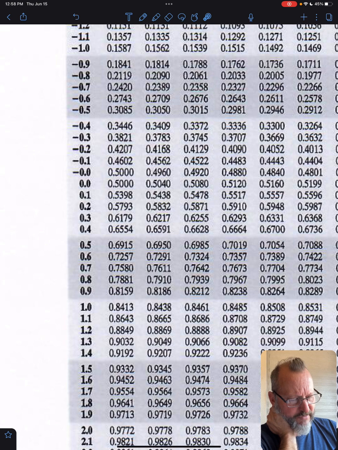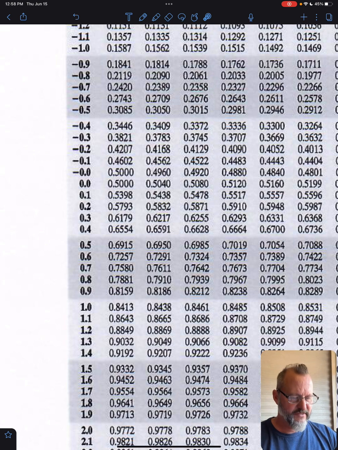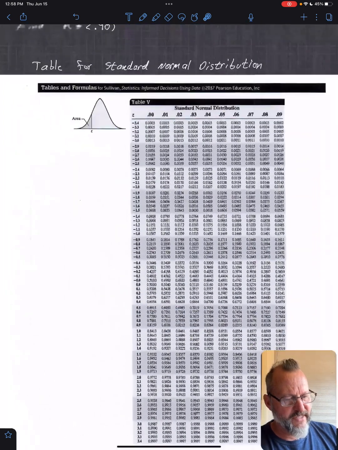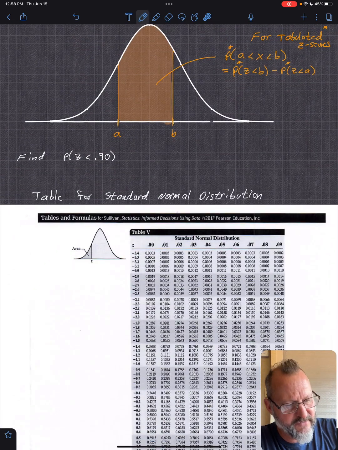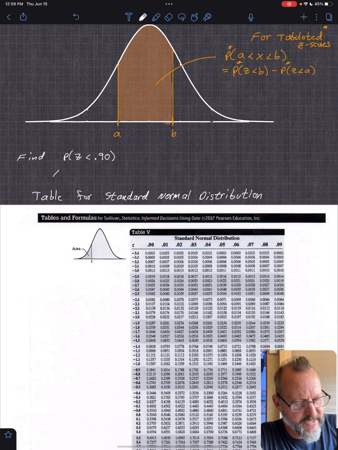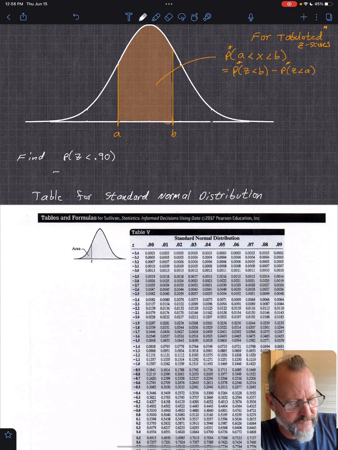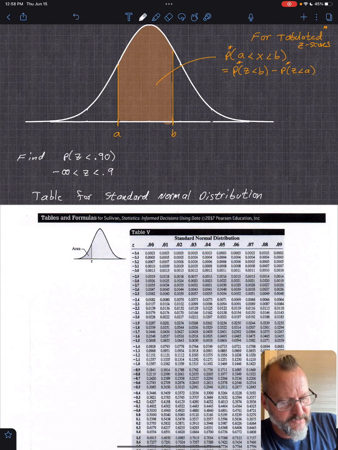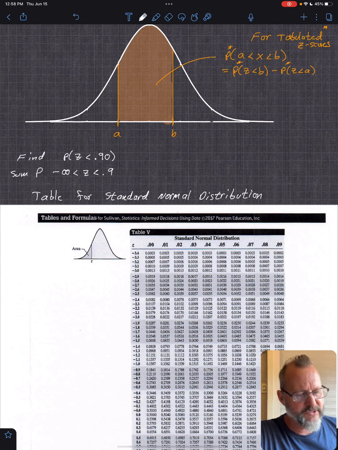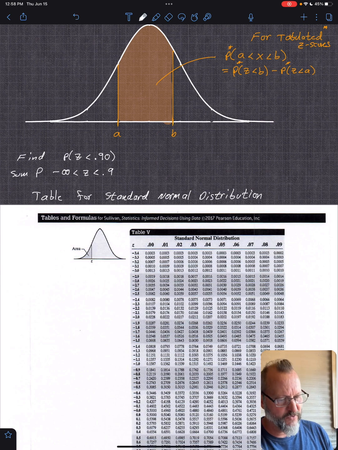and that's the sum of the probabilities from negative infinity to 0.9. That's exactly what this means. Right, so this means z is from negative infinity, not x, z, to 0.9. So it's the sum of the probabilities. That's how those tables work.